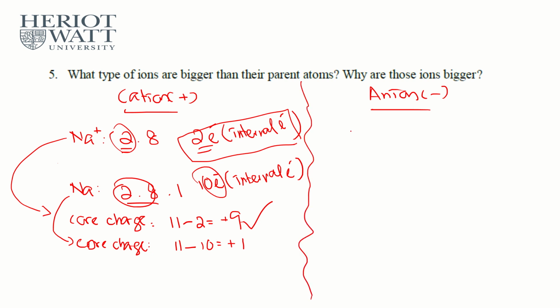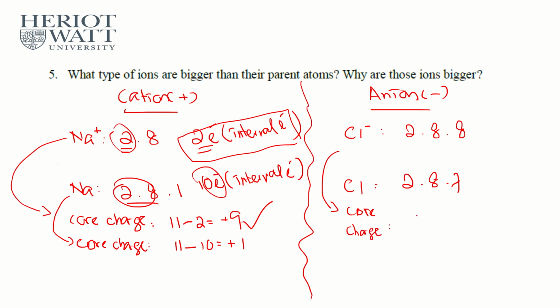For anions, chloride has configuration 2.8.8, and the chlorine atom is 2.8.7. Now, what is the core charge? Let's check. What is the core charge of chloride? Chlorine has proton number 17 minus the internal electrons, which is 10.